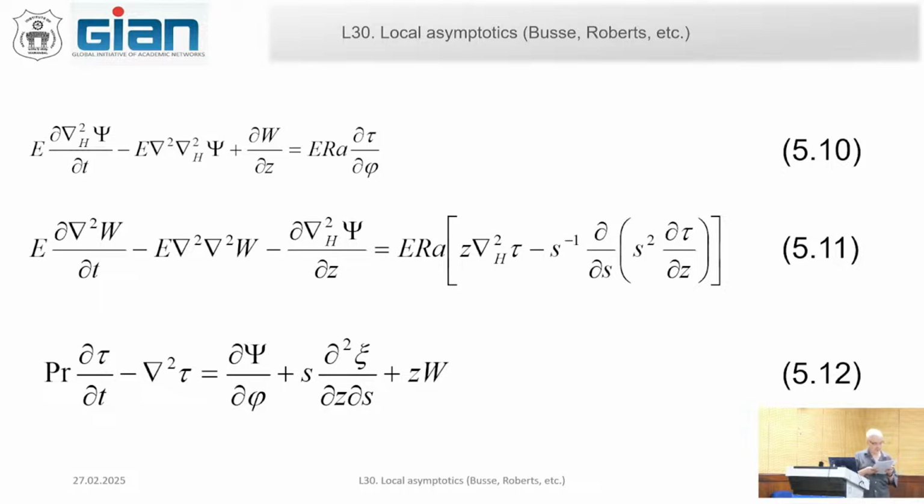So the Roberts-Busse localized asymptotic theory considers elongated structures of small horizontal scale. This is now an important thing. First of all, they consider the structure in balance.